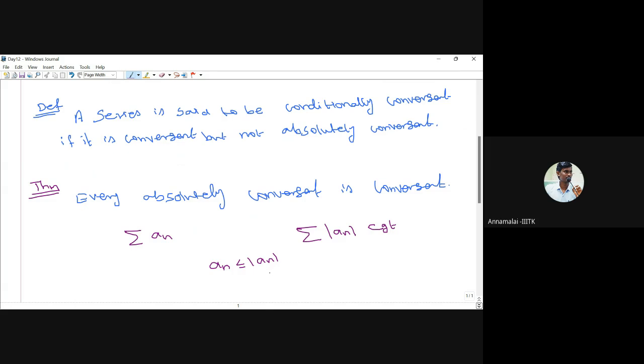Given that this series is convergent, therefore by the comparison test, summation an is convergent. So every absolutely convergent series is convergent, but a convergent series need not be absolutely convergent. The converse need not be true. We will discuss that example later.